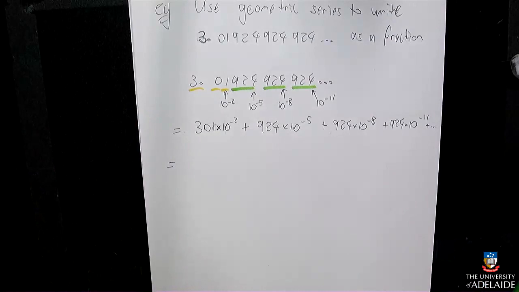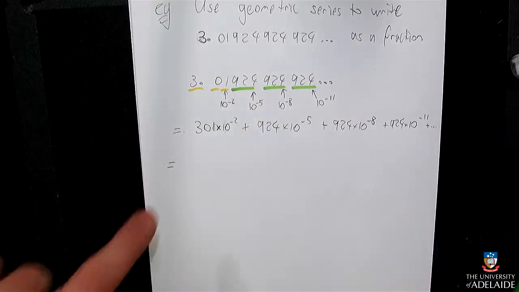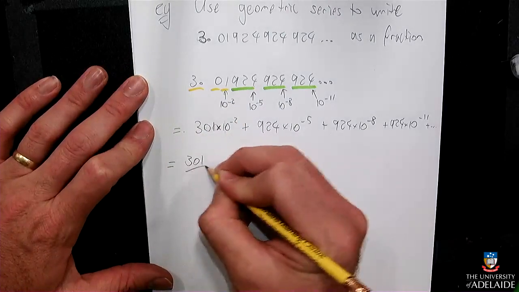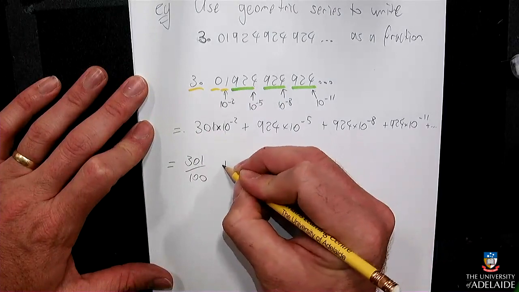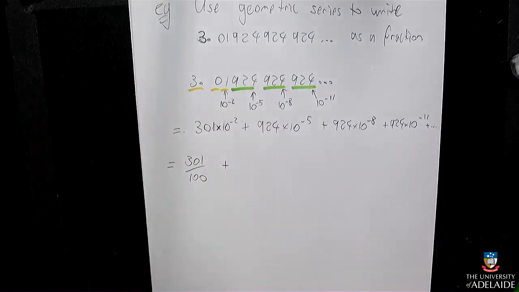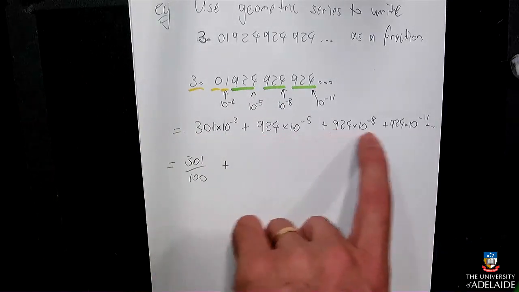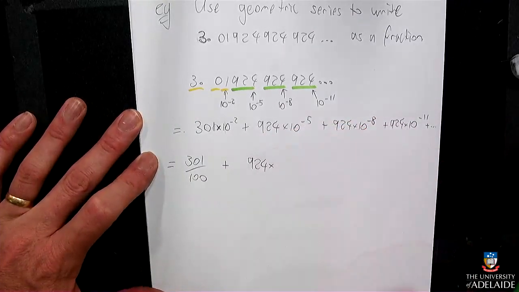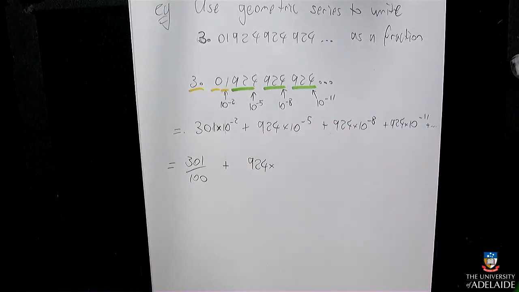I've got a sum of infinitely many things. So this 301 is different. I'm just going to write that one as a fraction already. And this I'm going to take out a common factor. They've all got a 924 in them, so I'll take that out. And they've all got a 10 to the minus 5 in them.